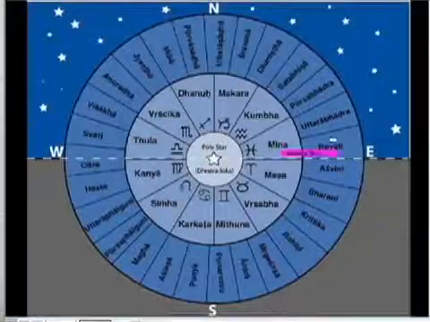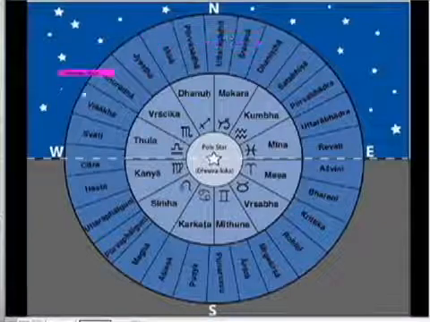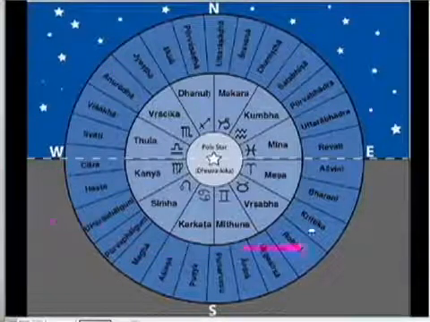But that's the illusion we have from the point of view of the earth. Remember, Vedic astrology is an earth-centered, geocentric system. From the point of view of the earth, it appears that the stars are moving once around every 24 hours in this direction.